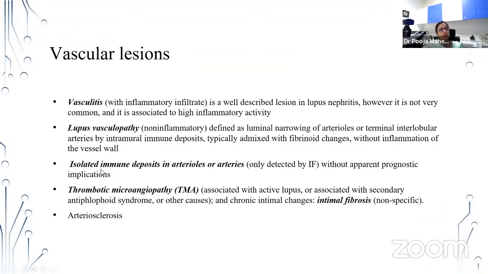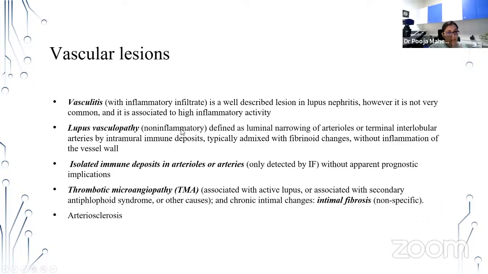Coming to vascular lesions, they can be classified as vasculitis with inflammatory infiltrate. It's a well-described lesion, combined with necrosis and adjoining high inflammatory activity. What is lupus vasculopathy? This is non-inflammatory.